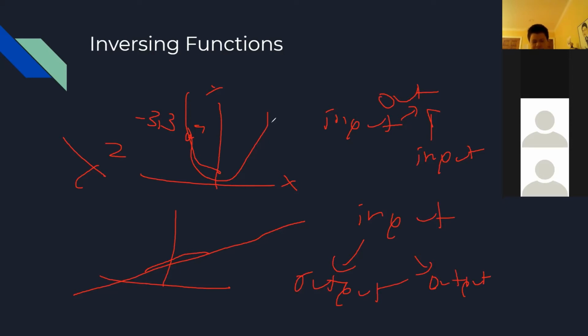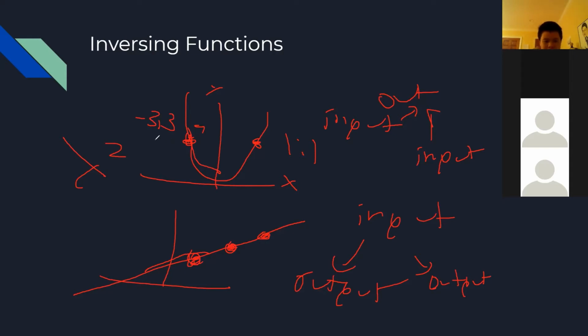And so we get to what we call one-to-one graphs, which is like a linear equation. Each input has its own unique output. So any output here has a unique input and vice versa. On the other hand, these two inputs share two outputs, and thus it can't form an inverse.